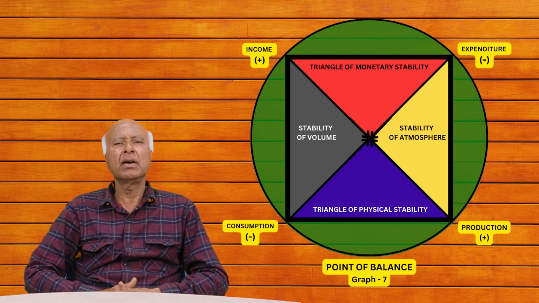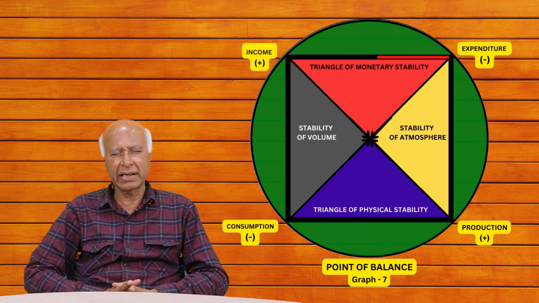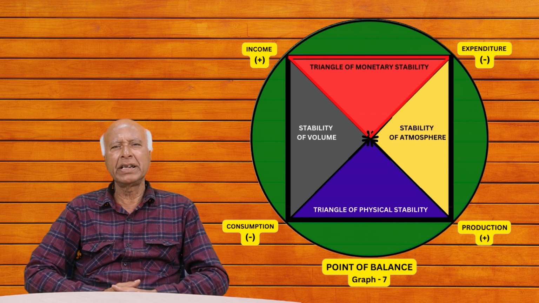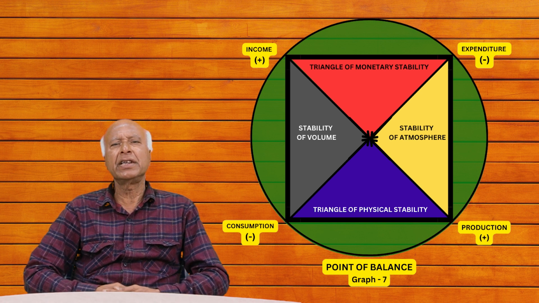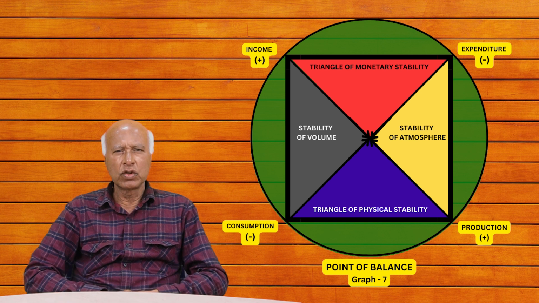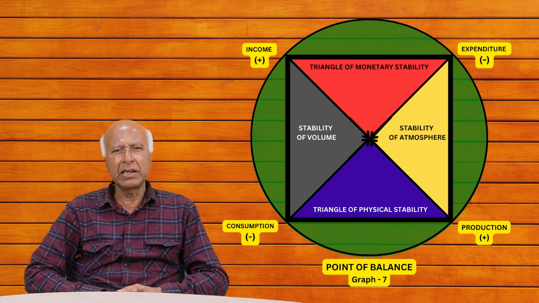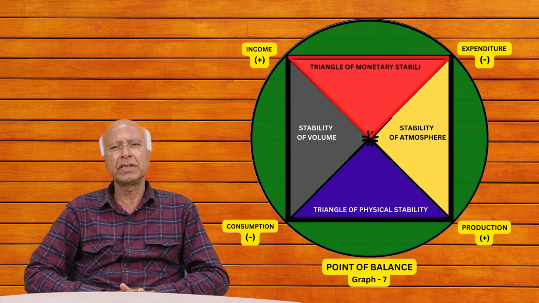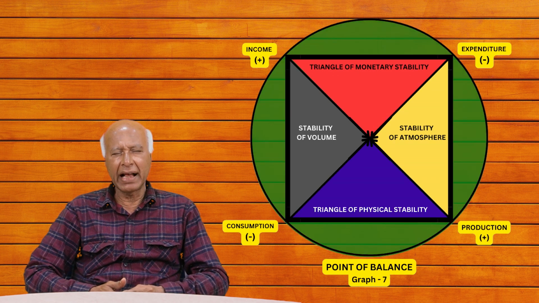But the fourth triangle, that touches the pole of income on one side and expenditure on the other side, these two are monetary forces, monetary equivalents of consumption and production, expressed in terms of monetary value. So this triangle will represent the stability of monetary forces. Monetary forces comprise income and expenditure.